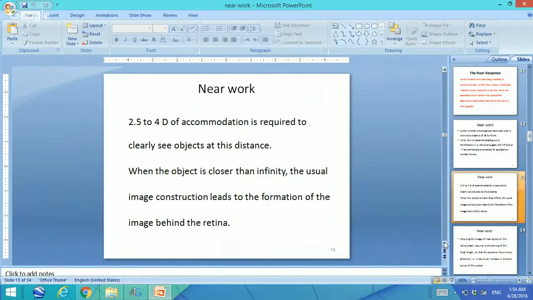So when the object is closer than infinity, the usual image construction leads to the formation of the image behind the retina.